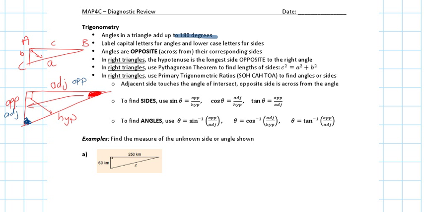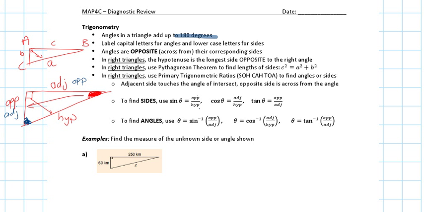Okay? We need to be able to label these triangles so we know which trig ratio to use. Because with right angle triangles, to solve for an angle or to solve for a side, I need to use one of the trig ratios. Do you guys remember this? You remember the trig ratios? So we have the sine, which is opposite over hypotenuse.